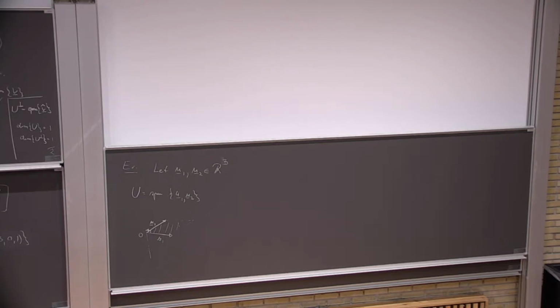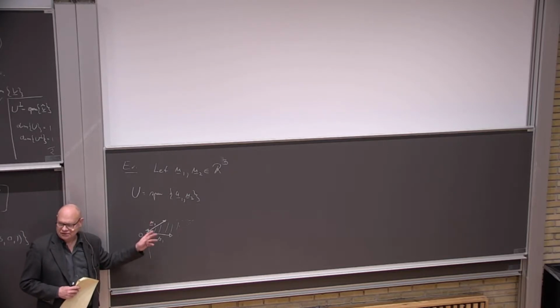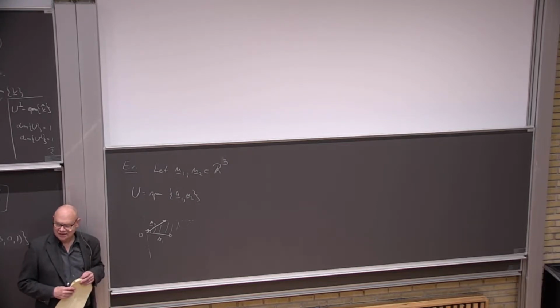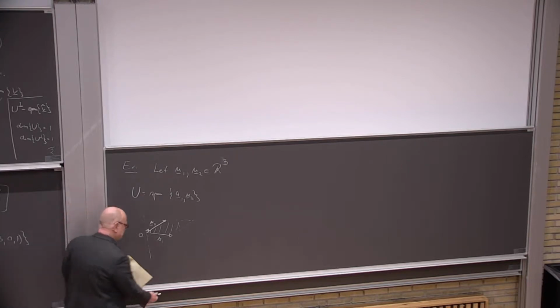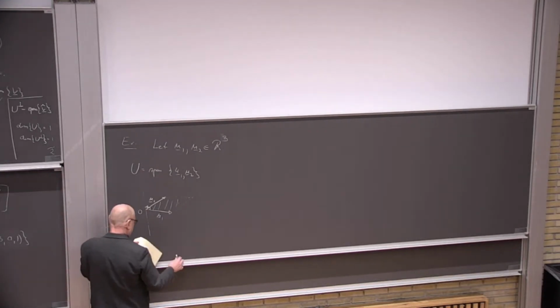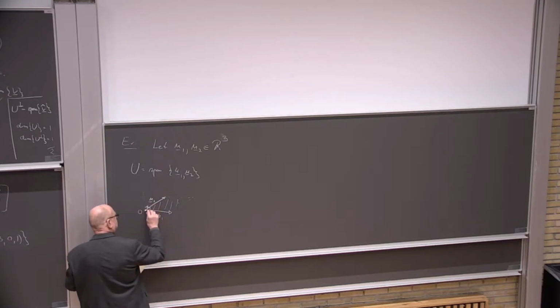Now, this is easy. You know a vector that is perpendicular to both these vectors here, u1 and u2, you are in 3-space. Yeah, the cross product. That's true. So if you take the cross product, you will get a vector in that direction. I write here u1 cross u2.